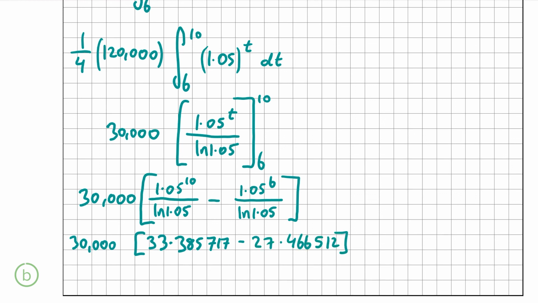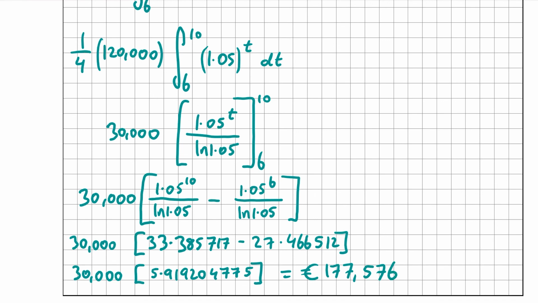So 33.385717 minus 27.466512 is equal to 5.919204775, and multiplying this by 30,000 we get 177,576.15, but correct to the nearest euro, that's 177,576 euro. And that's our answer for B part 4, the final part of the question and the end of the video. So thank you very much for watching, and I hope I helped.